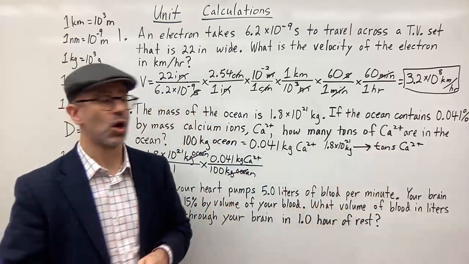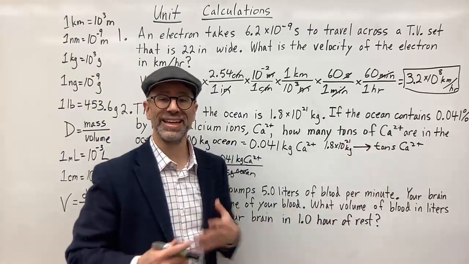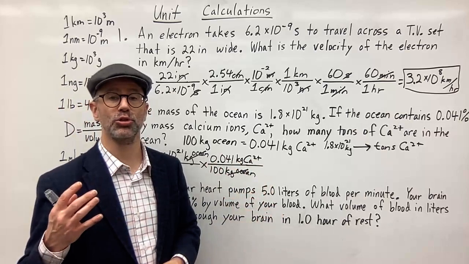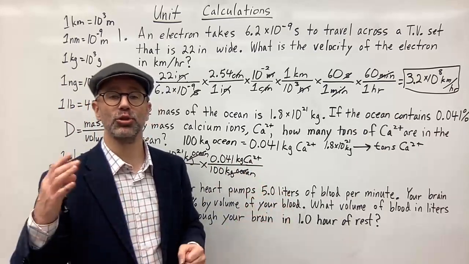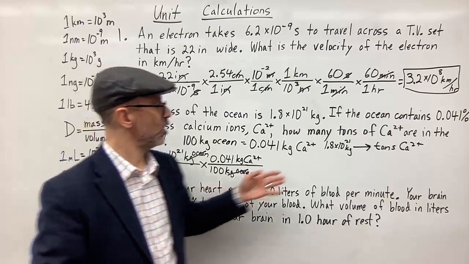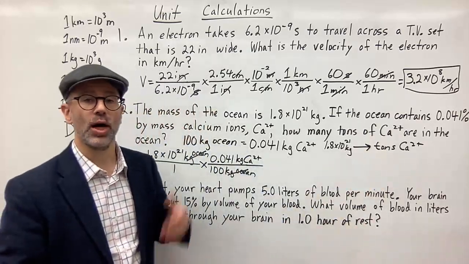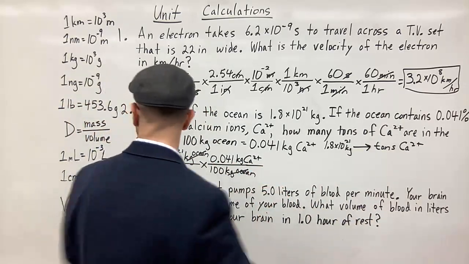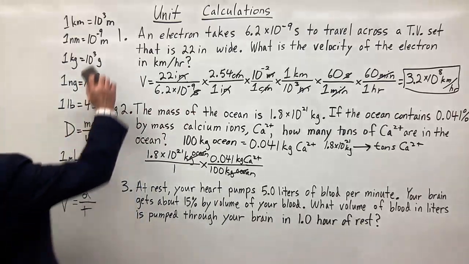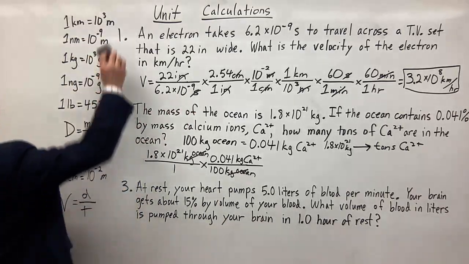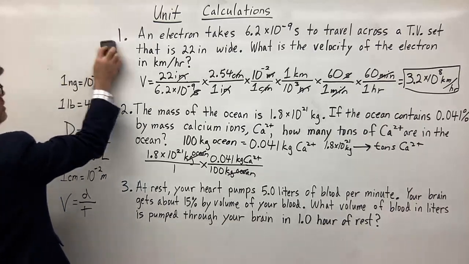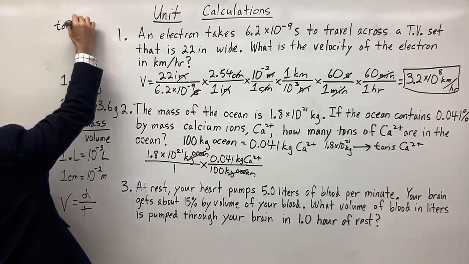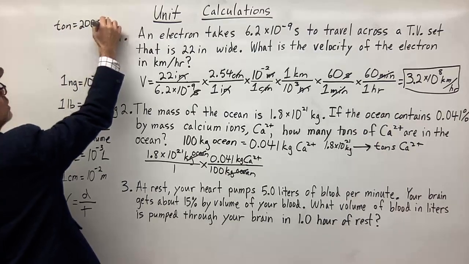I need tons. Well, here we're talking about English tons. If it was metric tons, we could just do 1,000 kilograms is equal to 1 metric ton. But here we're dealing with English tons. So 1 English ton is going to be equal to 2,000 pounds.